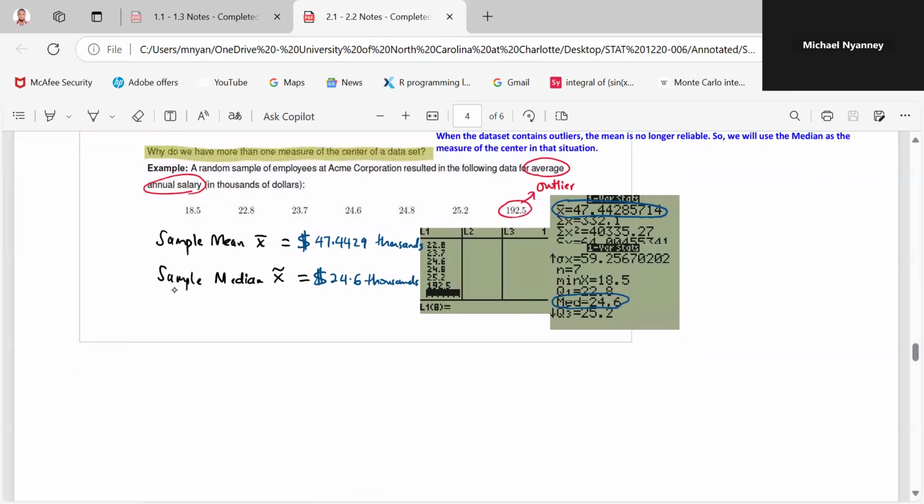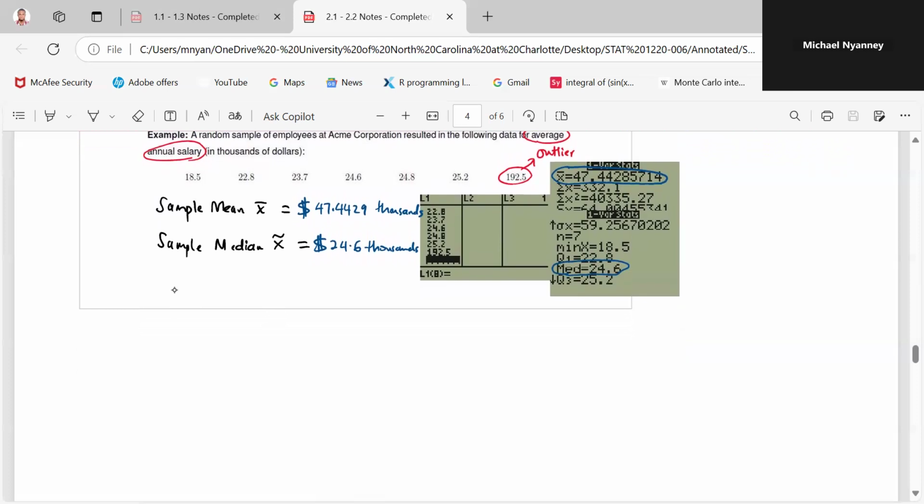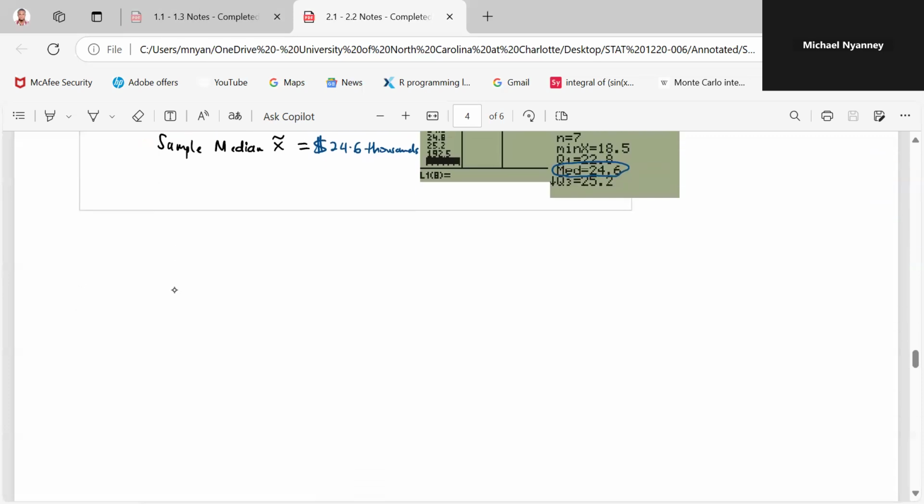So you can use your calculator to get the sample median. So always, if you have a data point far from each of these data points, do not use the mean as a measure to locate the center of your data. Use the median to locate the center of your data. And you can do so by using the calculator, or you can also do so using normal calculations. Then you are good to go.